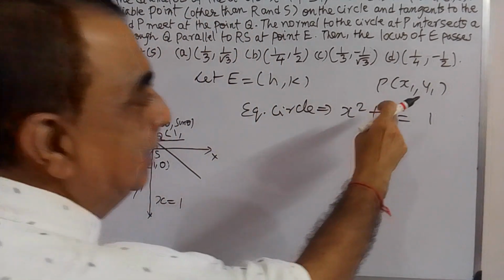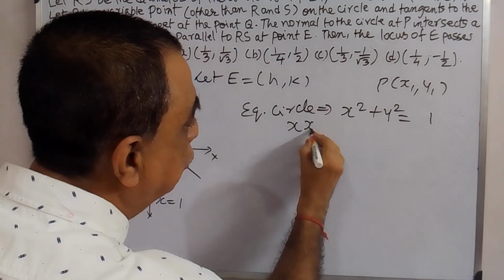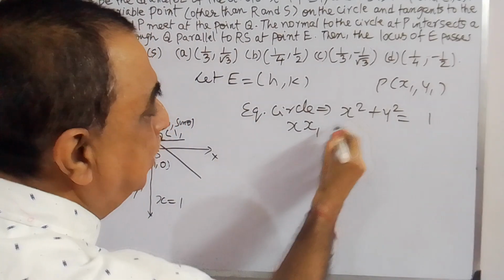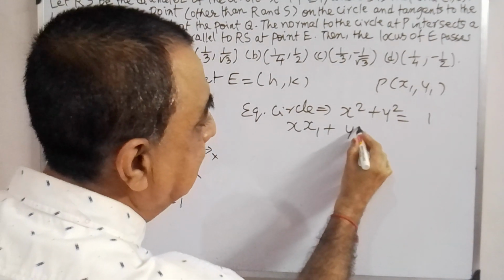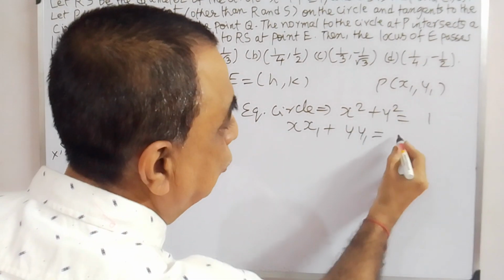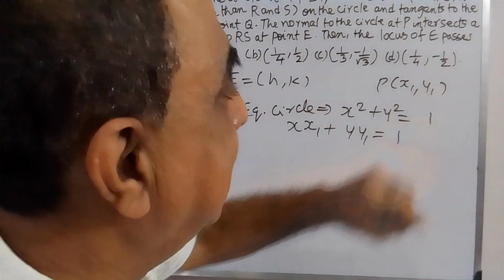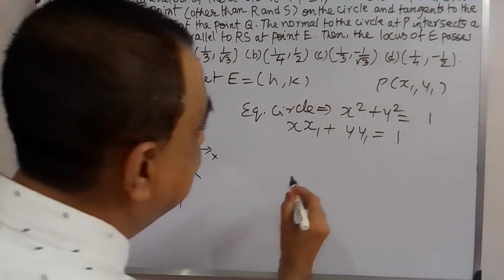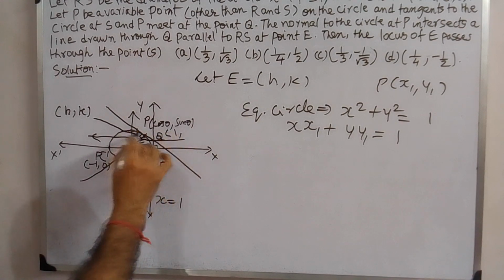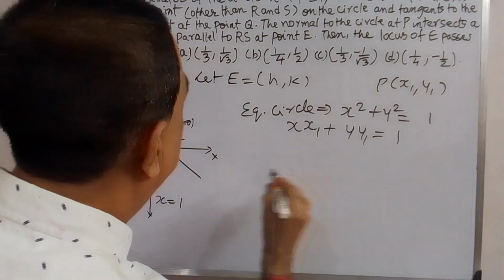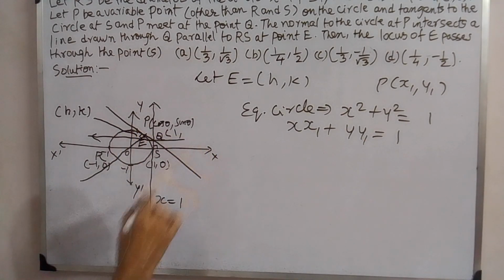So the equation of the tangent at any point (x1, y1) is: in place of x squared I write x times x1, and in place of y squared I write y times y1, equals 1. So that is the equation of the tangent at any point (x1, y1) on the circle. Now (x1, y1) is the coordinates of the point P, and we have taken the parametric coordinates of P as (cos theta, sin theta).